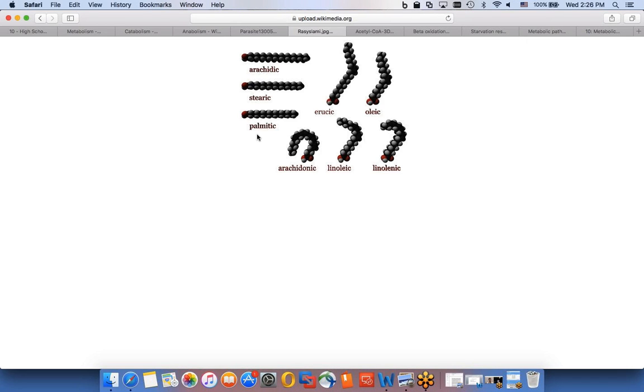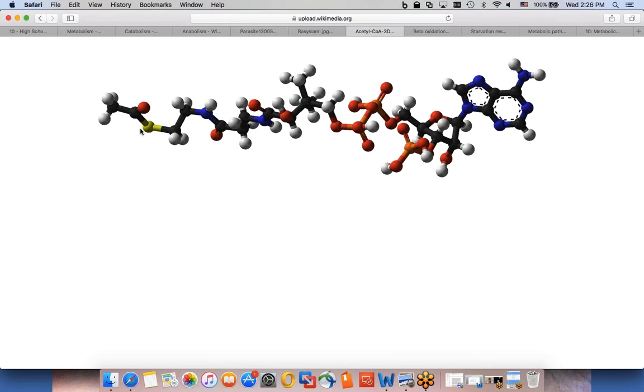For example, if you have this palmitic fatty acid, it has 16 carbons, so it's going to break it 8 times into very small chains of just 2 carbons, and through the process of beta oxidation, it adds this part to this whole molecule, and now this becomes the acetyl-CoA.